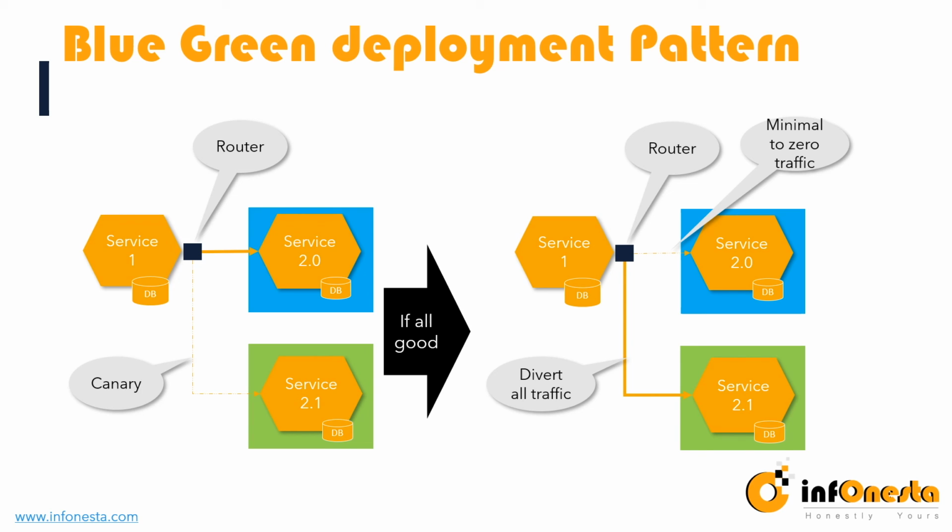Essentially, here we have two sets of environments. The existing production environment is called the blue environment, and the new identical environment with the newer version having the new feature is the green environment. This pattern reduces the blast radius for faults or defects dramatically, as the impact is just to the very small internal or test users.